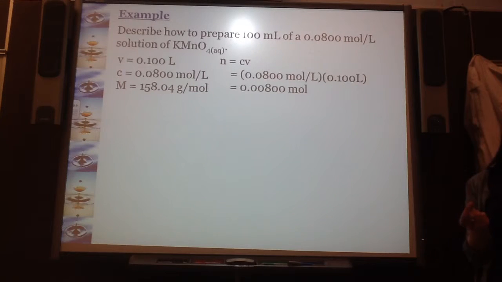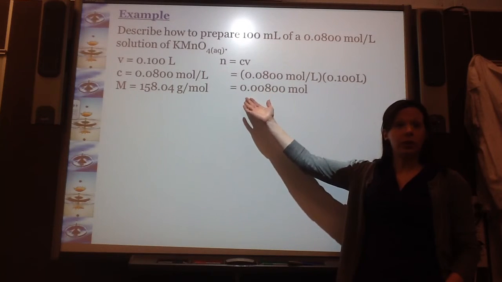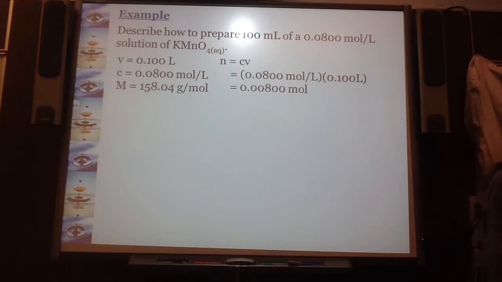But as we said, we don't have a scale that tells us moles. So we need to convert this value into grams so that we can actually weigh with a unit that we can use.